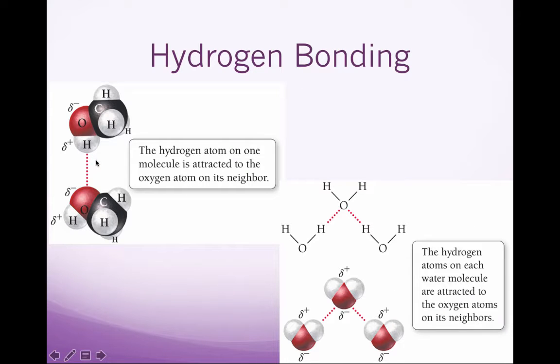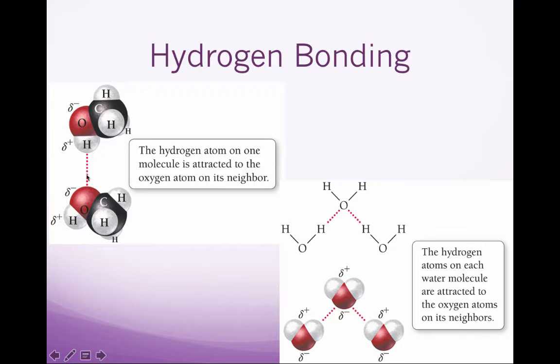Here's another picture of this. So here is a methanol molecule. So this oxygen is attached to this hydrogen, partially negative, partially positive. This oxygen is attracted to the hydrogen that's bonded to the oxygen of another molecule. It will not exhibit hydrogen bonds between this oxygen and these hydrogens attached to the carbon.